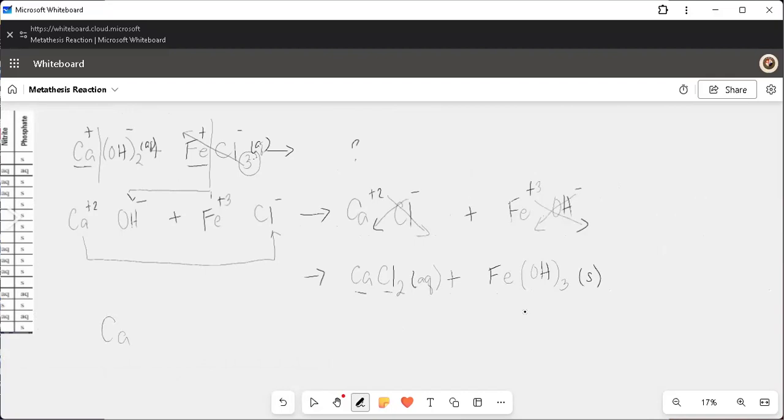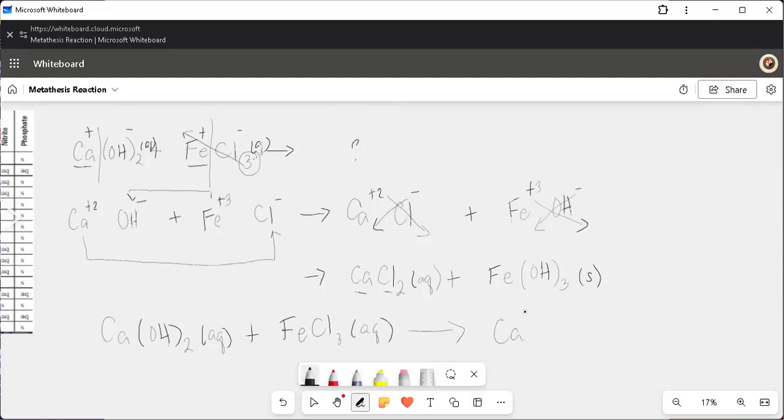Okay, so you have here Ca(OH)2 aqueous plus FeCl3, and it is also aqueous, will give you CaCl2 aqueous plus Fe(OH)3 solid.